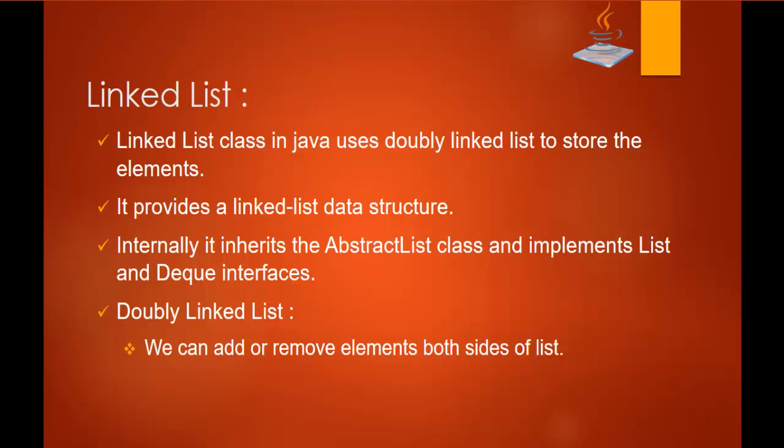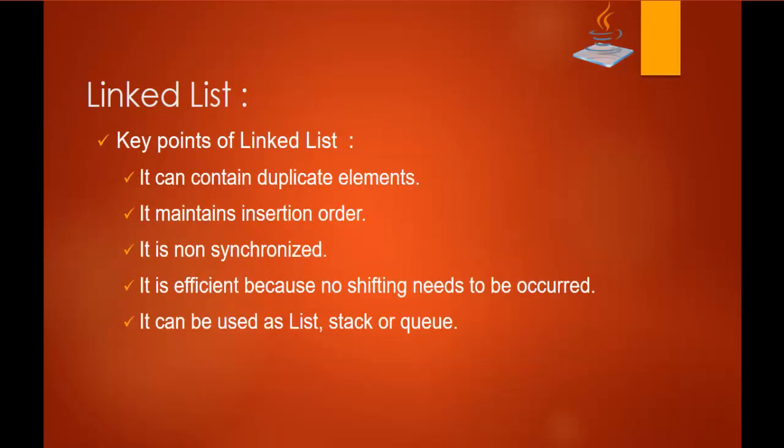Now let us understand the key points about the linked list. It can contain duplicate elements, and it maintains the insertion order, so whatever you add to the linked list comes out in that order. It is non-synchronized, and it is efficient because no shifting needs to occur. You can add elements from both sides, and there is no need to shift the elements.